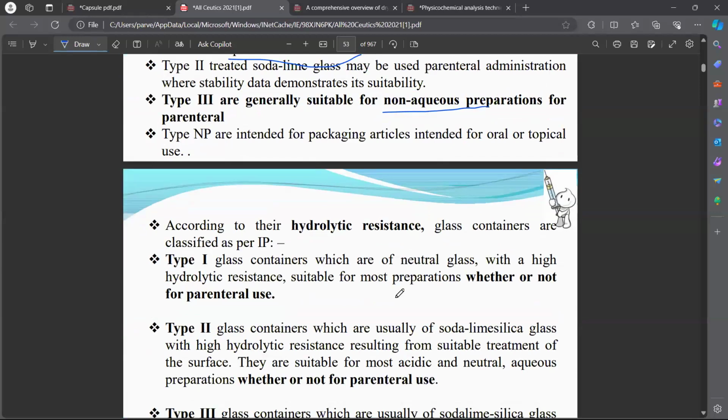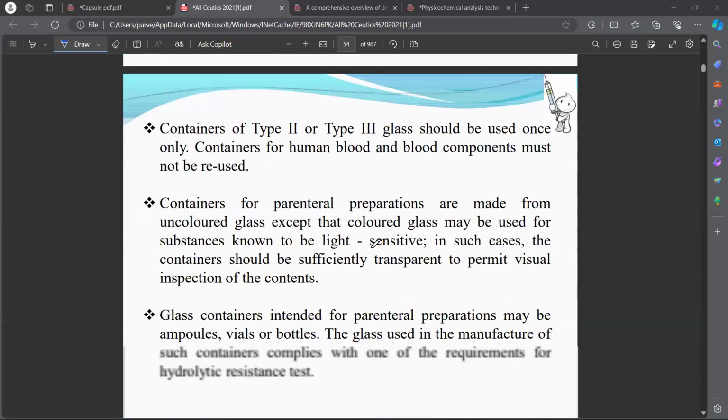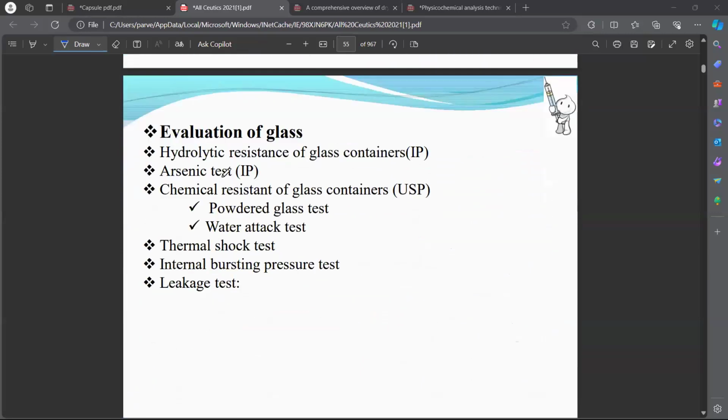For type 1, which test is done? And for types 2, 3, 4, which test is done? Type 2, the water attack test, yeah, great. So the hydrolytic resistance test.